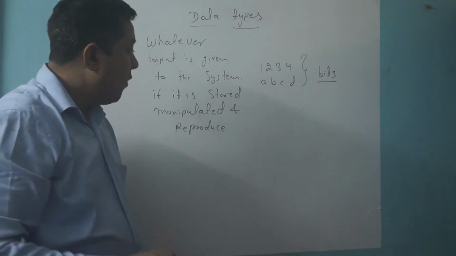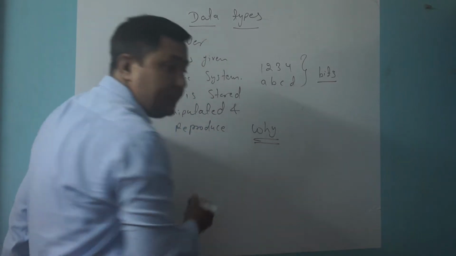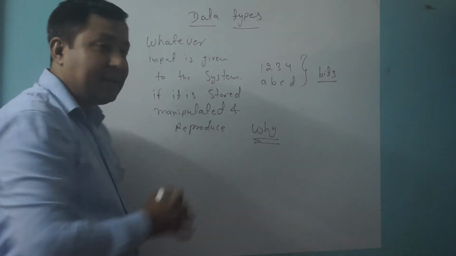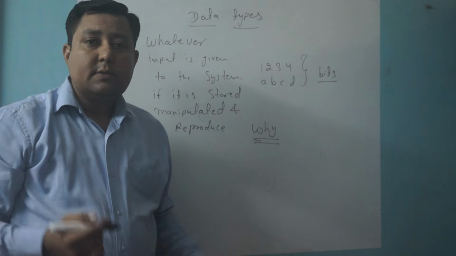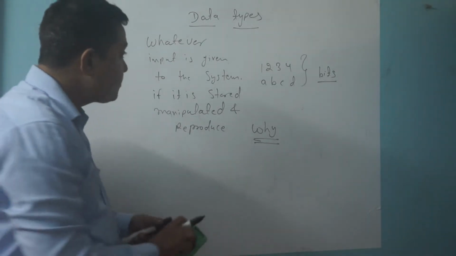So why do we need data types and how are data types understood by the system?